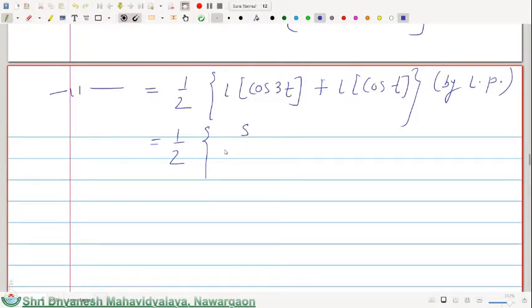It is s upon s square plus 3 square, that is 9, plus s upon s square plus 1 square, that is 1.